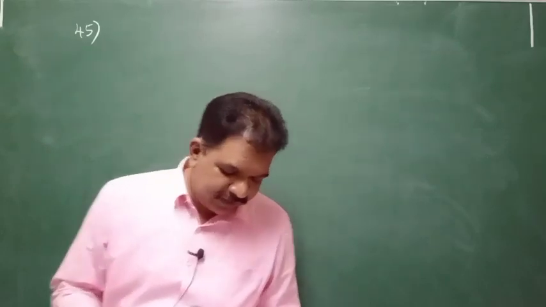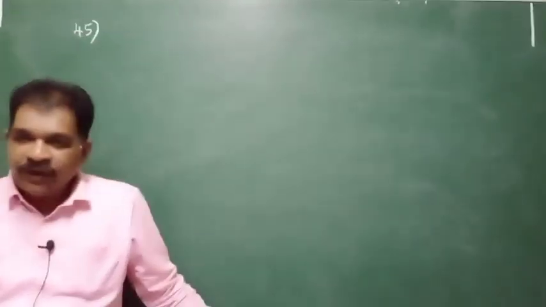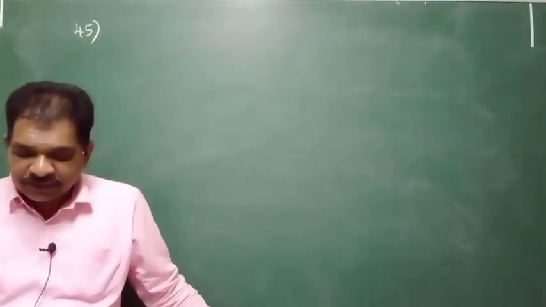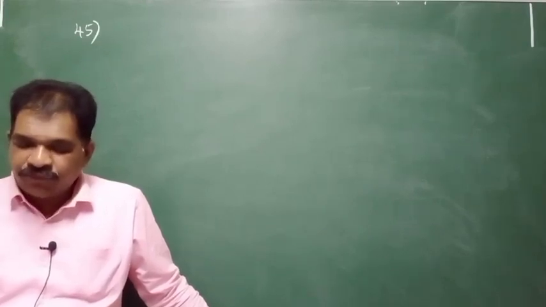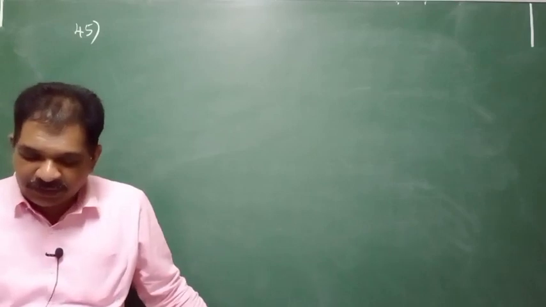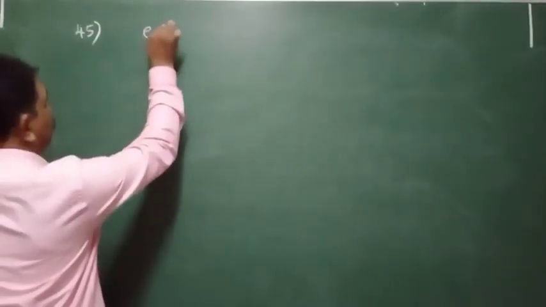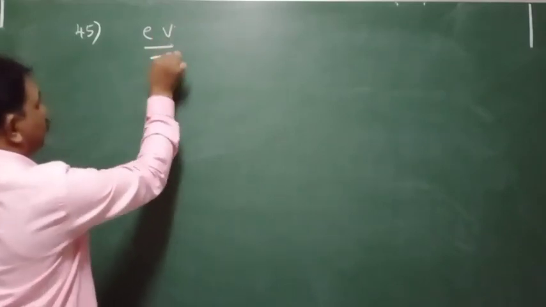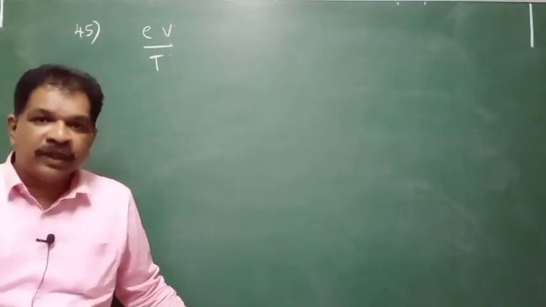Okay. Here see, if E is the charge, V is the potential difference, T is the temperature, the unit of EV by T is the same as the unit of which quantity in the given options?